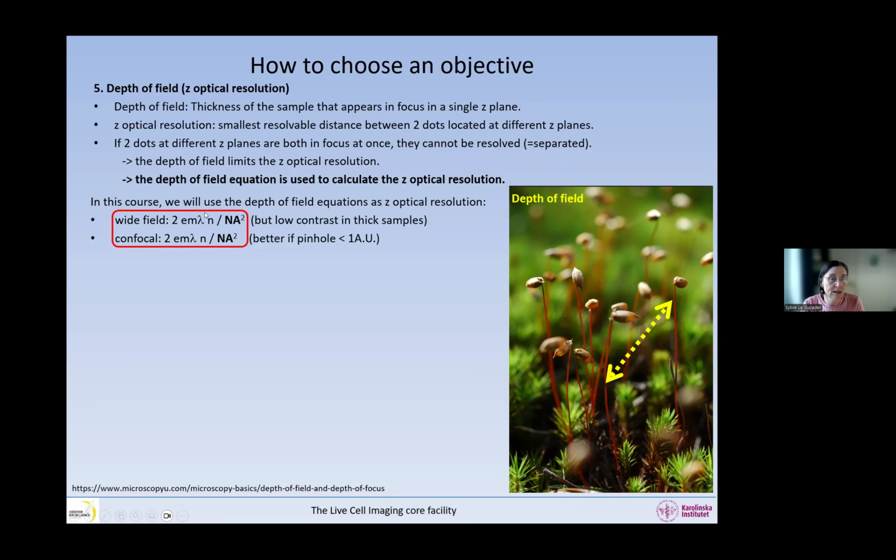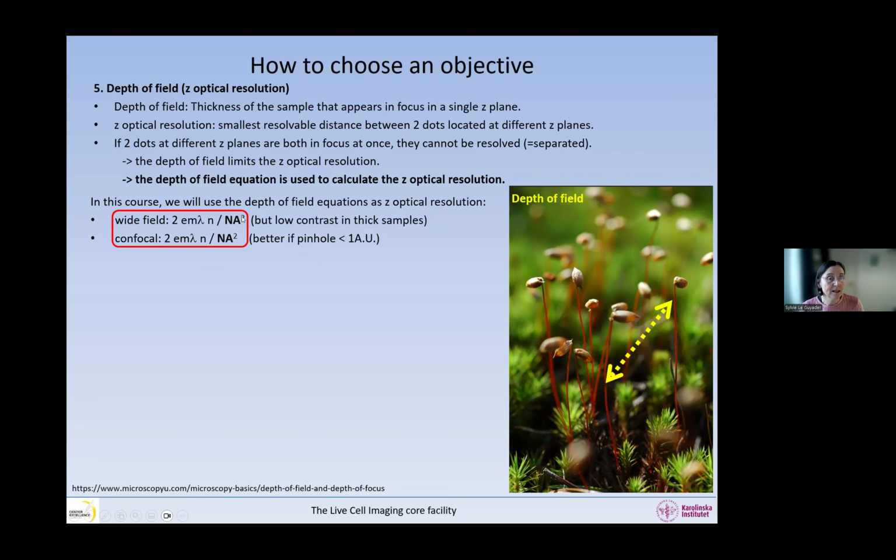This is the equation, and we're going to use the same thing for both wide field and confocal in this course. So 2 multiplied by the wavelength of emission again, and multiplied by now the refractive index of the immersion medium that we put on the objective. So you see again, the objective has a very strong influence in here, and divided by the numerical aperture squared.